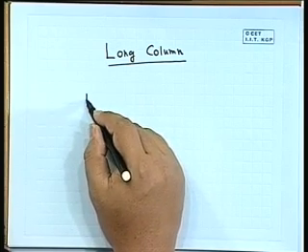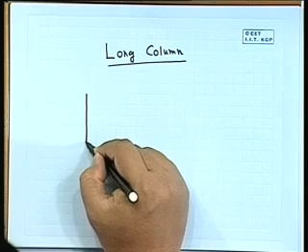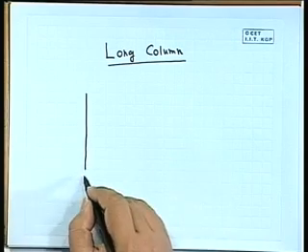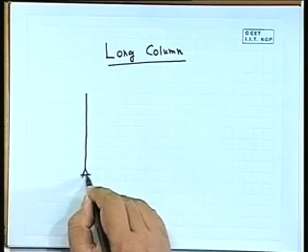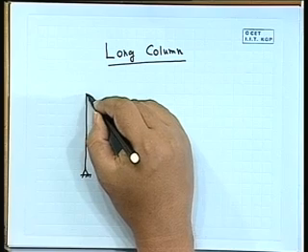what we drew in the last class, say there is a column like this, both ends supported.